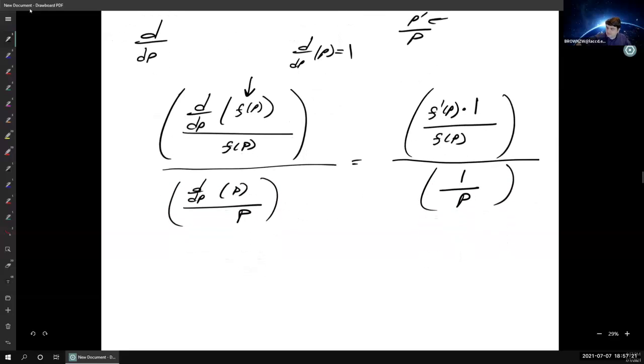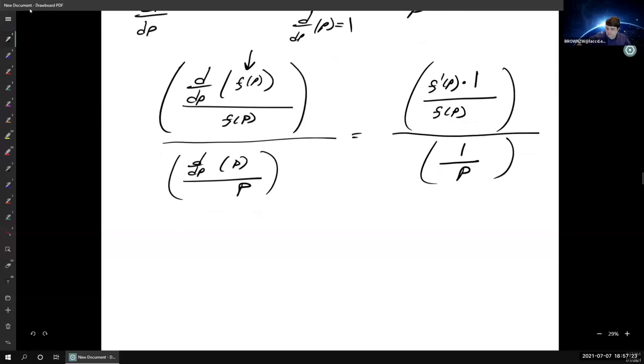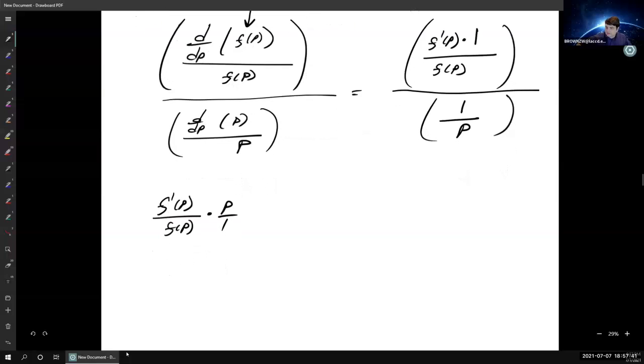So just multiplying by the reciprocal, this elasticity function is going to be f prime of P over f of P times P over 1. So that's just going to give me the following function, P f prime of P all over f of P.